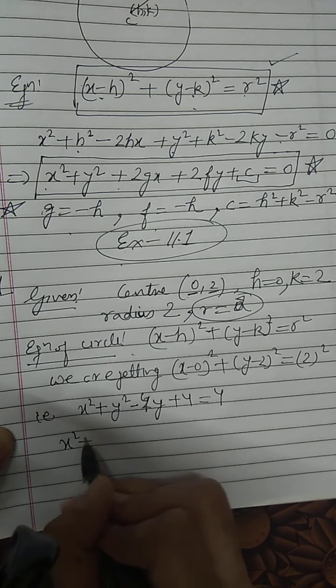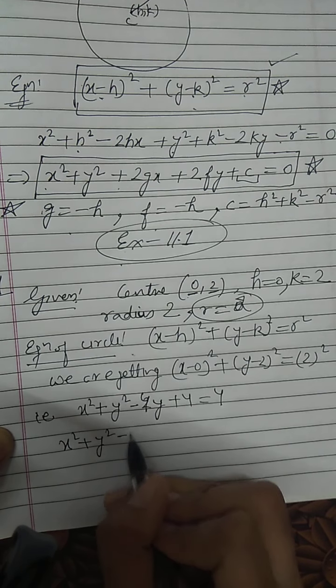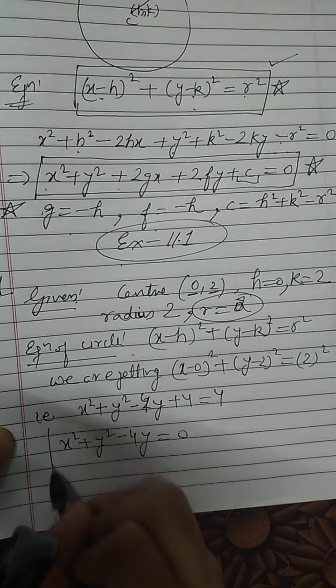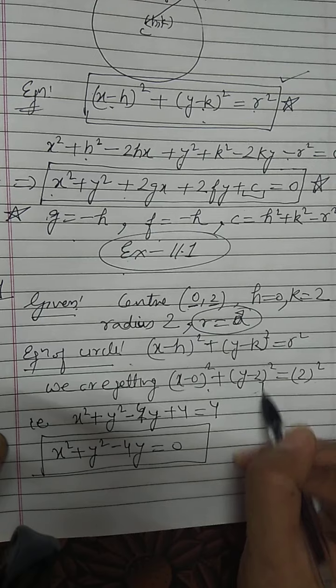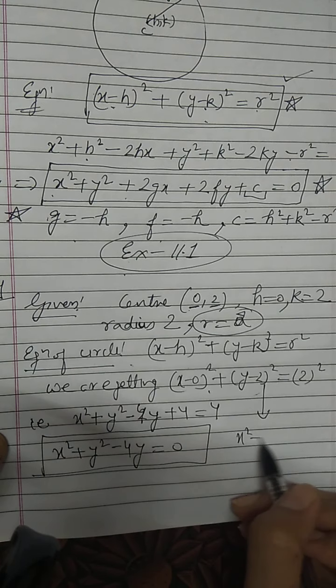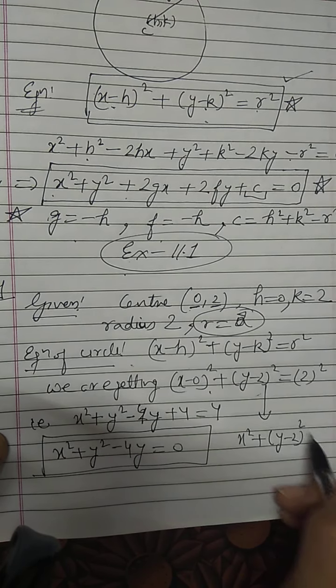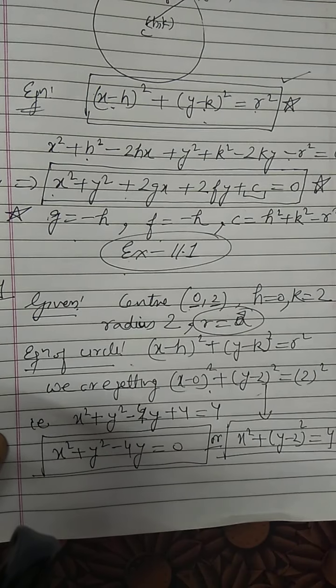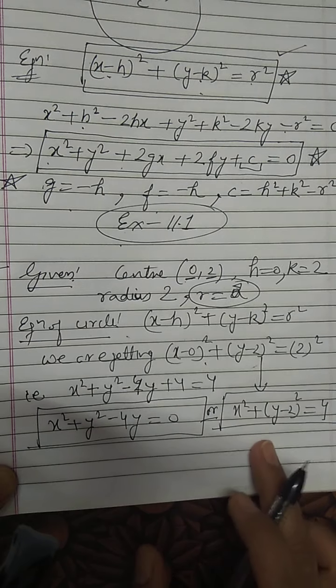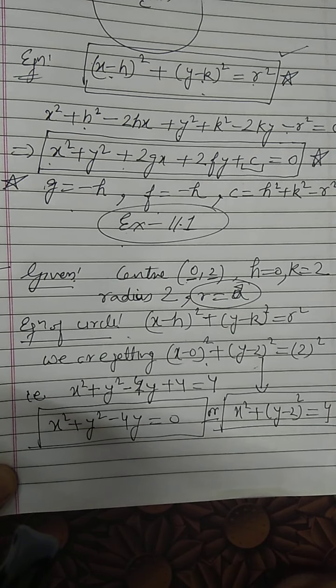So the equation can be written as x square plus y square minus 4y equals 0. Otherwise, if I end the answer as x square plus (y minus 2) square equals 4, that will also be okay. So this is also correct. Any one form we can leave the answer in. That is perfectly fine.